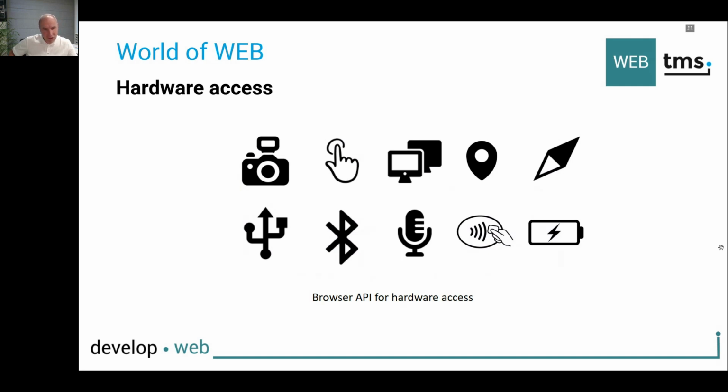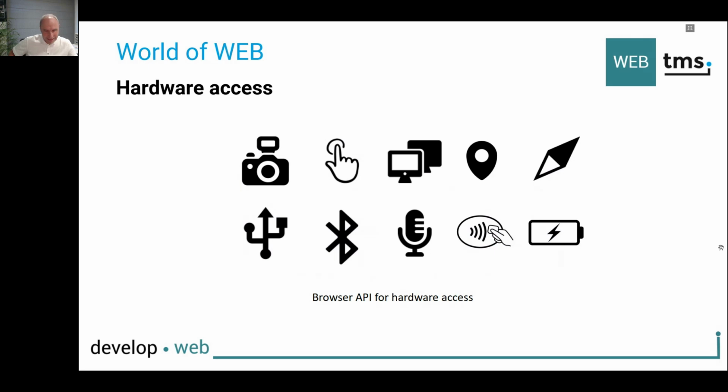But as I mentioned, meanwhile, this has progressively been added, and at this moment you can easily access the camera. You can deal with touch. You can also have multi-monitor support. The other icon stands for location, so you can use an onboard GPS device if the device supports it, of course, and the same applies for a compass to get the orientation of the device.